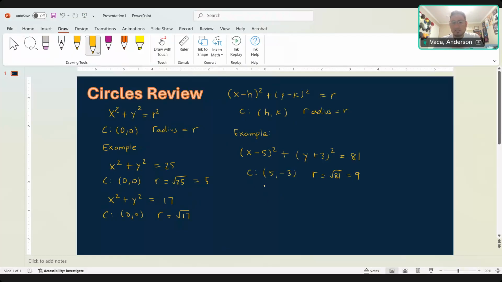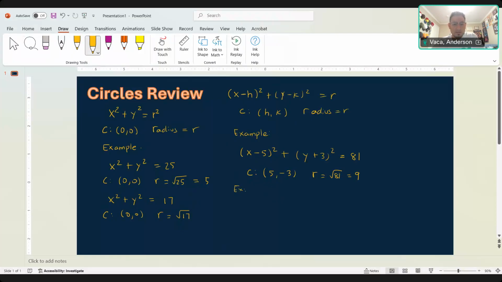Notice that in this case, what I'm looking at is the negative 5 and the positive 3. The equation and the center of the circle have opposite signs. Okay, and what I've been saying in class is the reason for that is because there is a minus here in the formula. So therefore, those minuses change the sign.